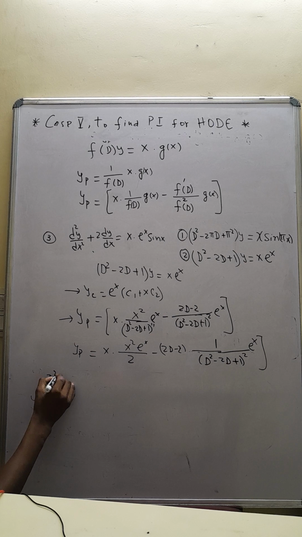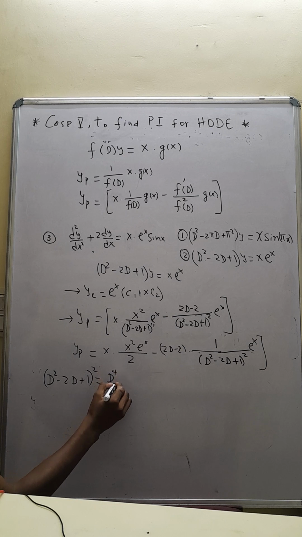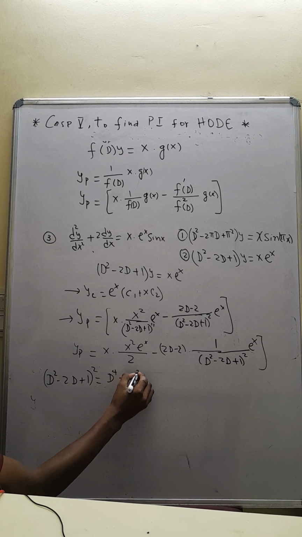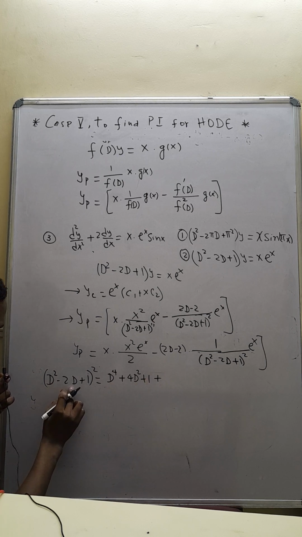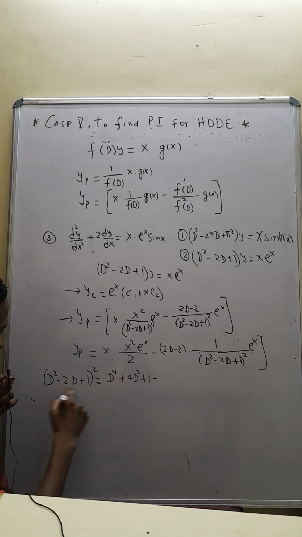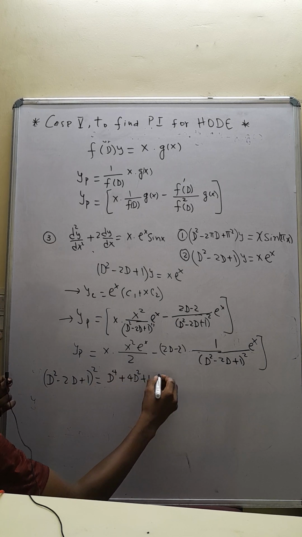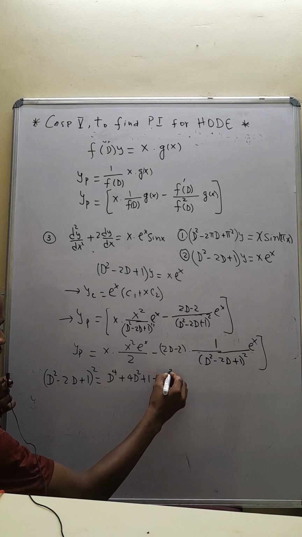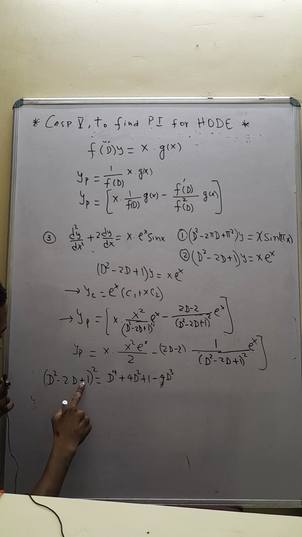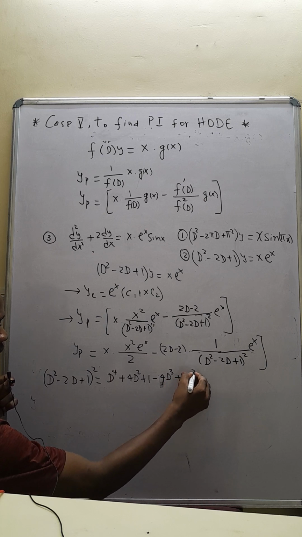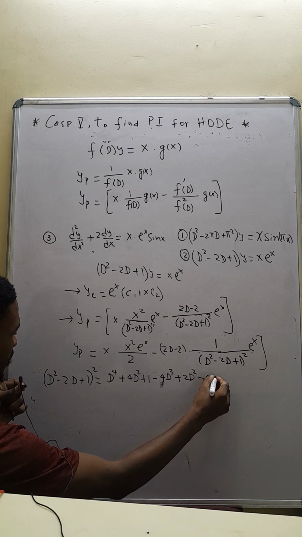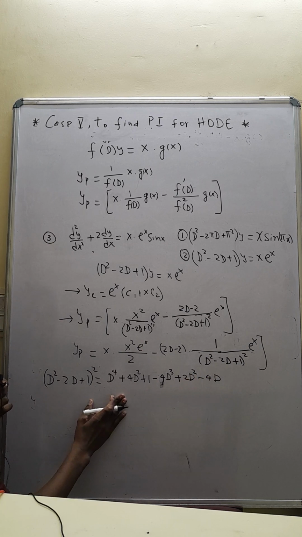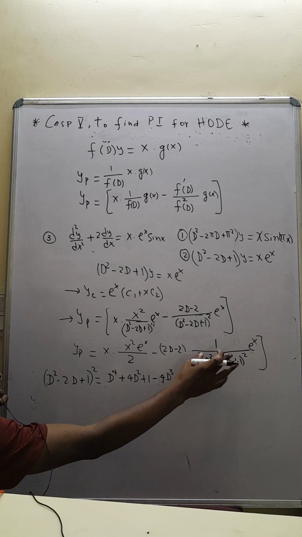So d squared minus 2d plus 1, squared, will be d raised to 4 plus 4d squared plus 1, then plus 2ab, this will be minus this and this, 2 and 2 will be 4d cubed, then plus this, 2d squared, then plus this and this 2 times, then it will be 4d. This is the expression that you're going to have to put there.